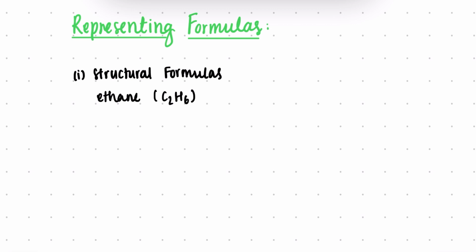So this would be represented by showing each of the bonds present. So this would be the structure or the structural formula of ethane. Basically, we have to show the structure of that compound.